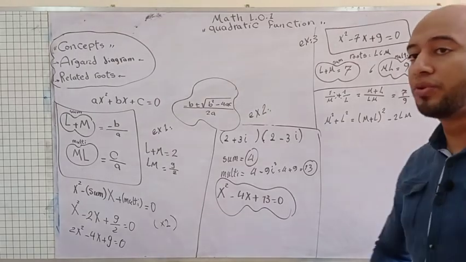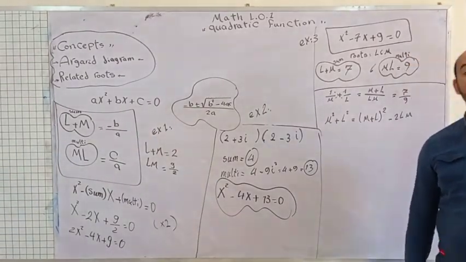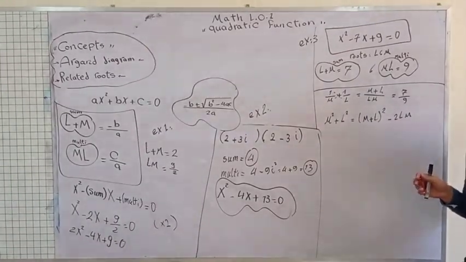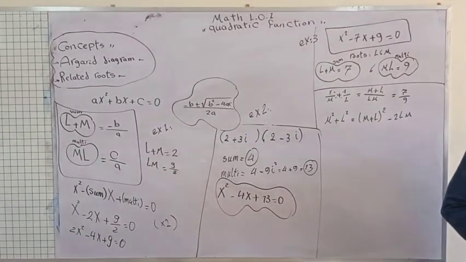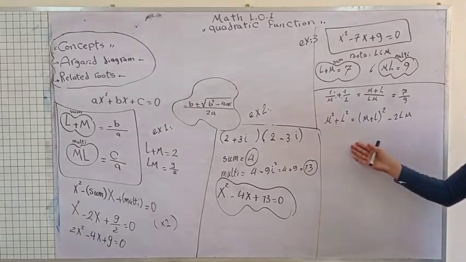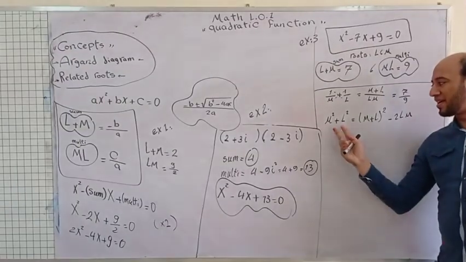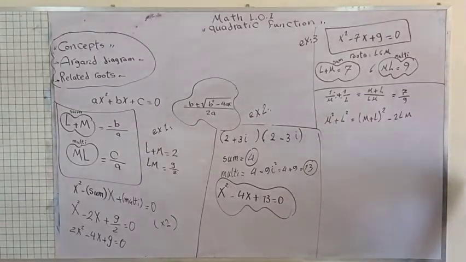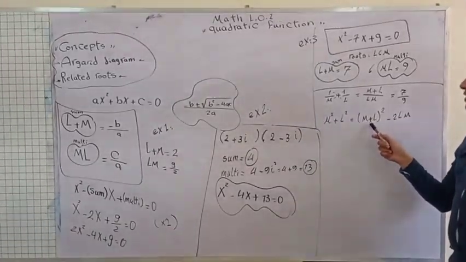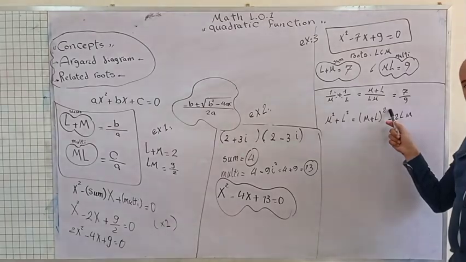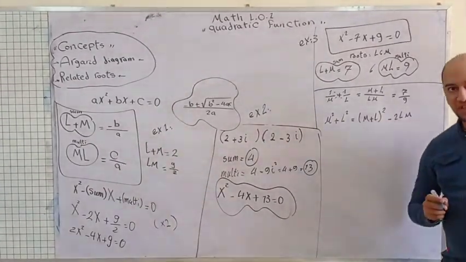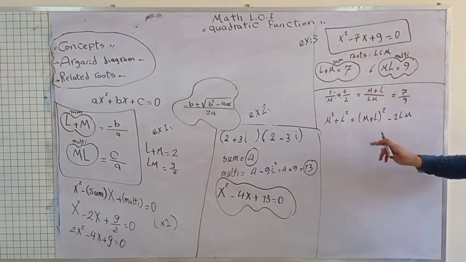Okay, let's continue. How can we derive this relation? We said that we will take some important relationship to get a value like this: M square plus L square equals M plus L all square minus 2LM. How can we prove that?